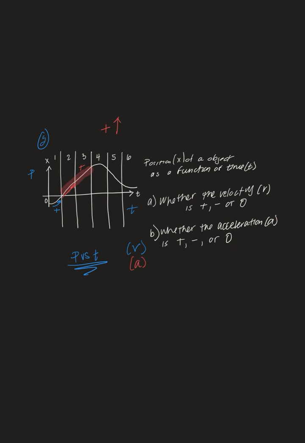Here, you see that the velocity, let me find my pen, the velocity equals 0. Because now the velocity is at a standstill and then it will go downward.